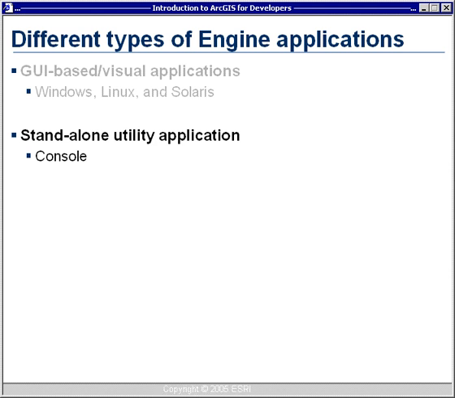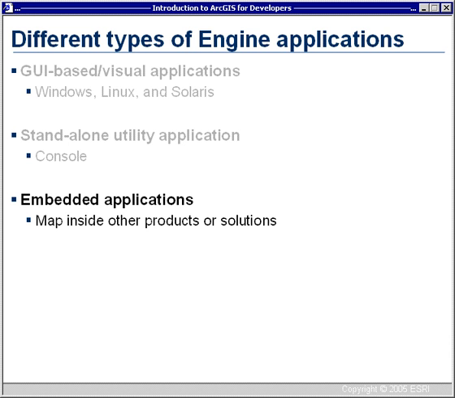You could take advantage of some of the rich analysis objects and build a console application that does some processing on spatial data without having to have a map display with interactive tools and commands. There are also many developers that are taking the engine components and embedding them into an existing application which previously didn't have any GIS tools but possibly had a spatial component that can now be linked into the ArcObjects.